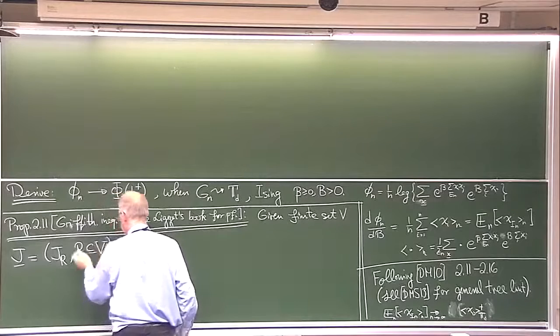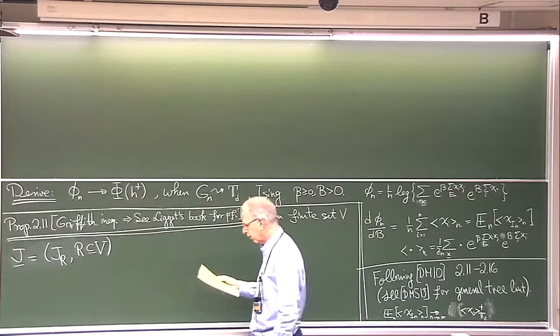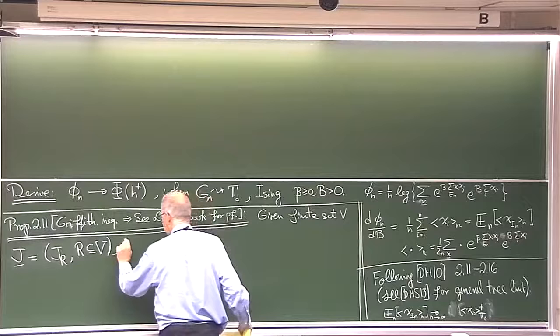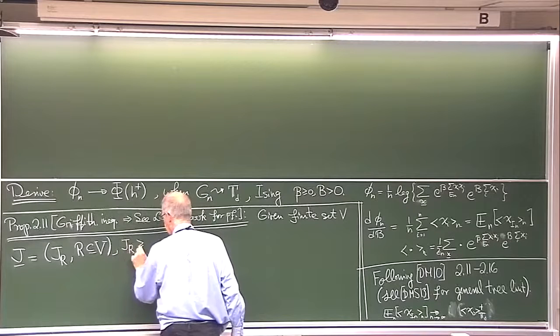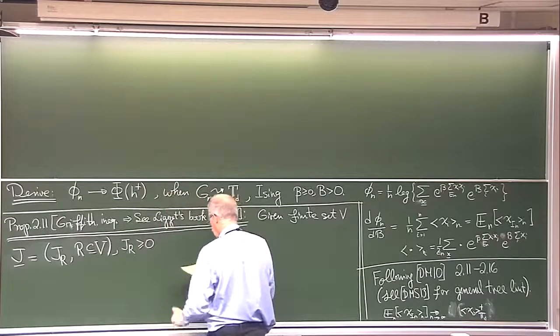We have some collections of subsets of V, and for each set there is a parameter, and all the parameters are greater than or equal to 0. That's important.